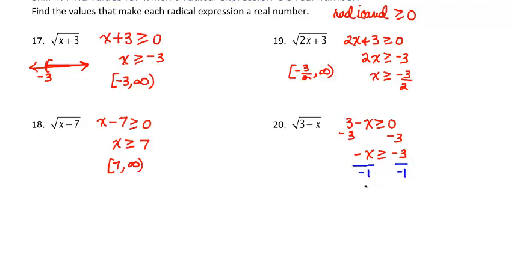Recall that we have to reverse the symbol if we divide by a negative, so x is less than or equal to 3, which is everything to the left of 3. So our interval for this problem is negative infinity to 3 with a bracket.